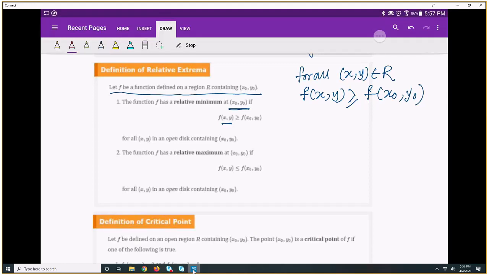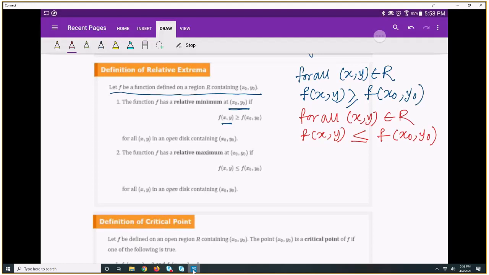On the other hand, if for all x, y points in this region R, the value of the function at x, y is less than or equal to the value of the function at the point x0, y0, then x0, y0 is a point of relative maximum for the function f.